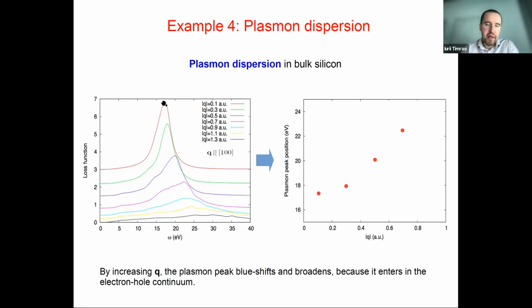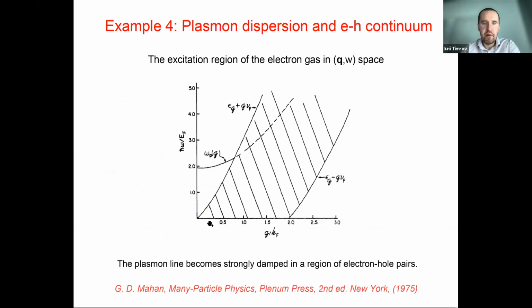If you determine the peak of each spectrum and plot the peak position as a function of Q, you should obtain something parabolic-like. And this is called the plasmon dispersion. As I discussed before, this parabolic-like dispersion is the plasmon dispersion, and the electron-hole continuum is indicated by this dashed region.